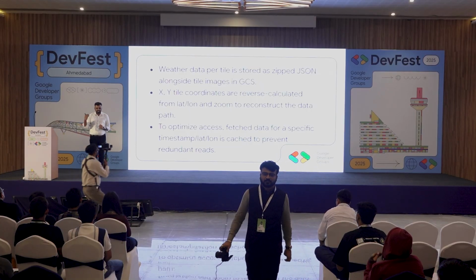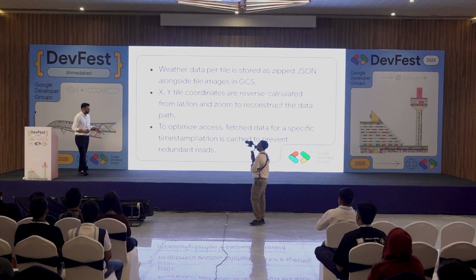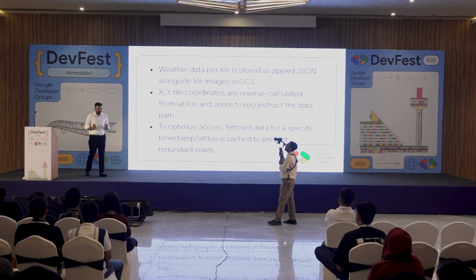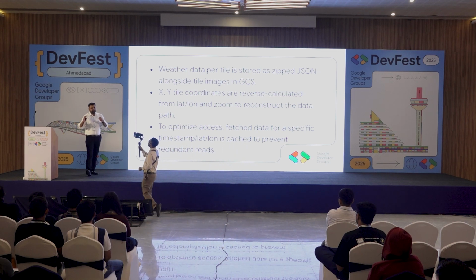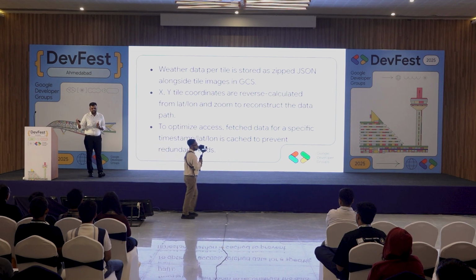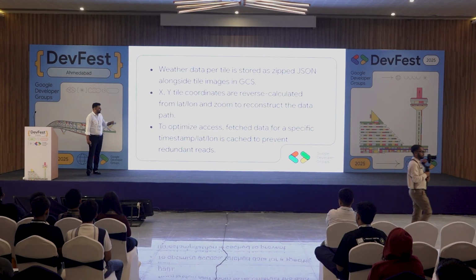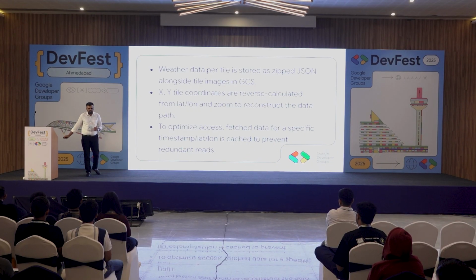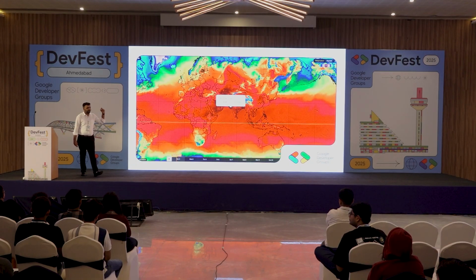We already have the zipped JSON metadata files for every latitude and longitude. Whenever we generate the tiles, we store that data along with metadata in the zipped JSON file, and we fetch it and use that data to generate the value for one particular location.